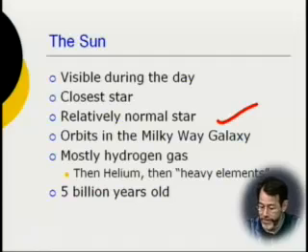Other fun facts about the sun: it's mostly hydrogen gas. The next element after that would be helium. As we know, helium was discovered on the sun, and I'll mention that again later. We can guess what the elements were in the beginning of the universe, and that was mostly hydrogen and helium. And the sun has mostly hydrogen and helium.